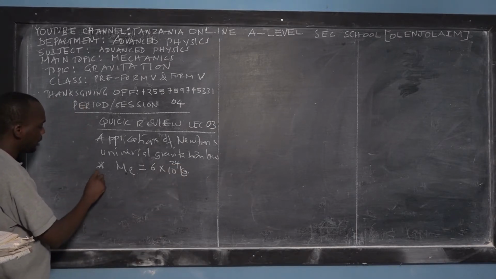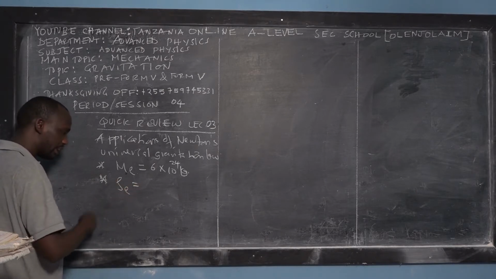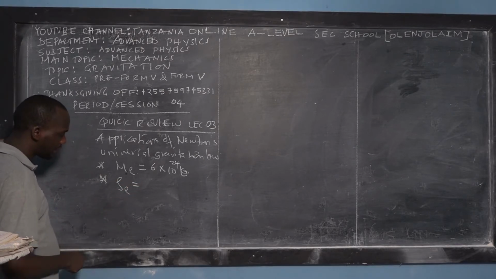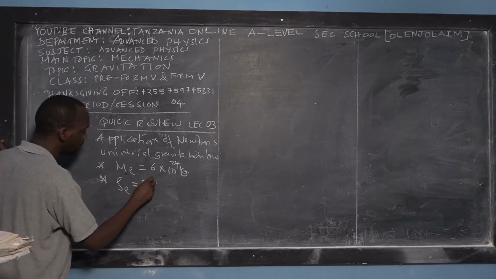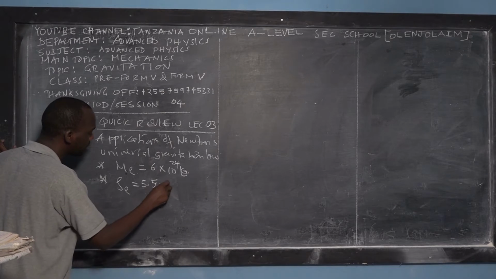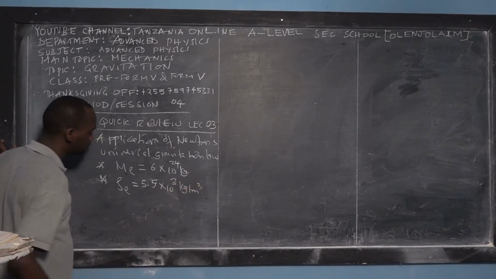Then we learned how to find the density of the Earth and derive the formula, and we found that it's 5.5 exponent 3 kilogram per meter cube.